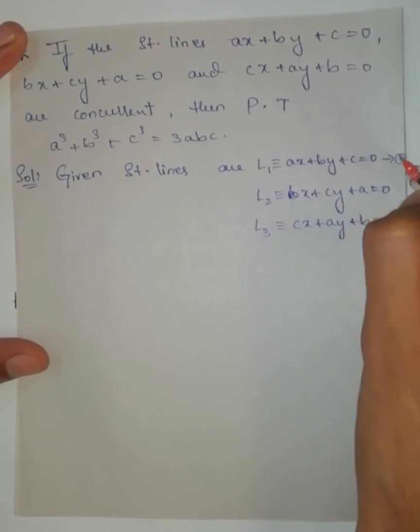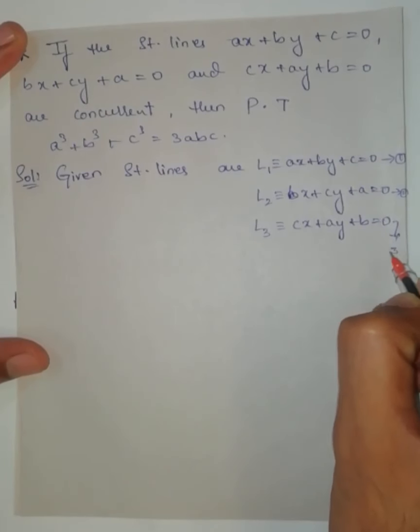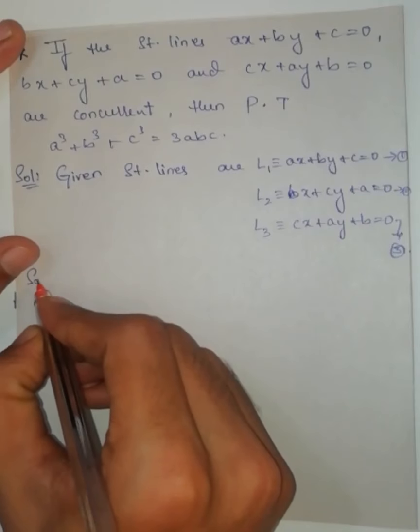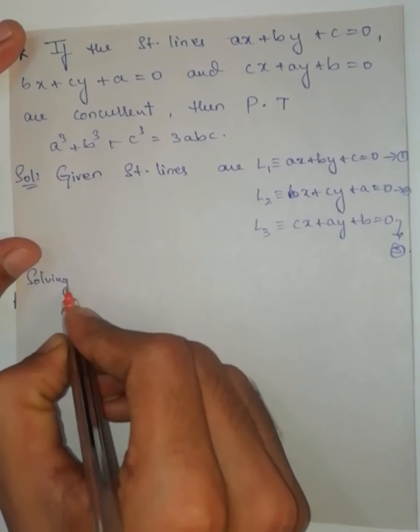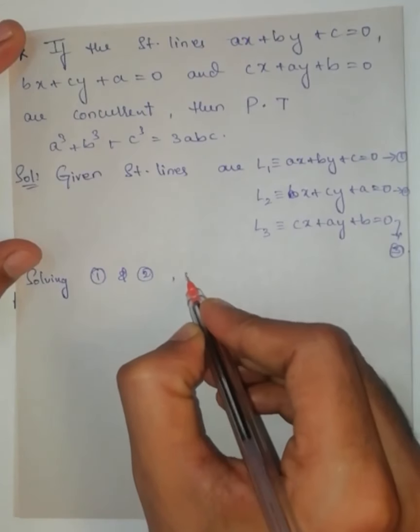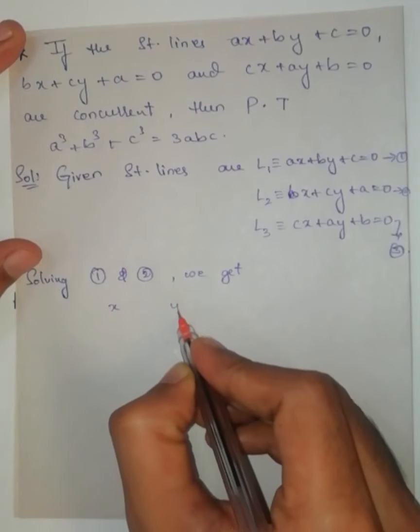Let us take this one as equation number 1, 2 and this one is 3. Solving equation number 1 and 2, we get x, y, 1.